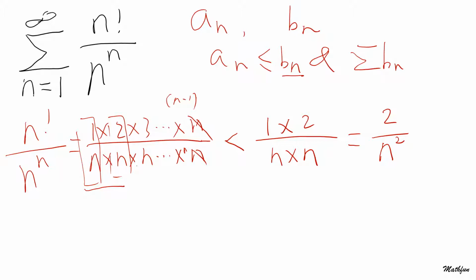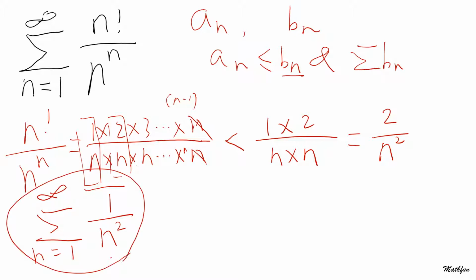Now we should all know that the infinite sum of the reciprocal of n squared, n from 1 to infinity, converges, as a matter of fact. And that's why we found b_n, one of them at least, and because the b_n here converges, a_n will converge. Now, if you do not know how to prove that this one converges, let me show you in the next slide. For this one, it's very straightforward.